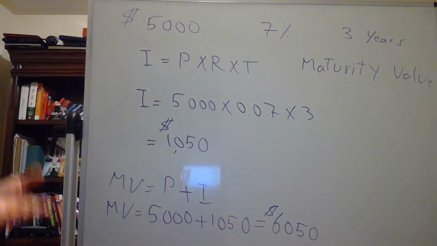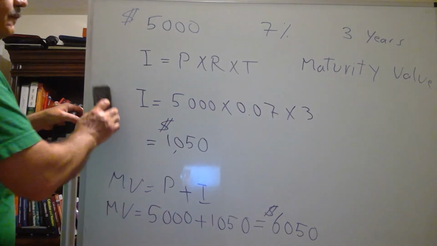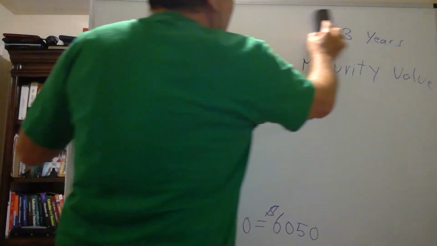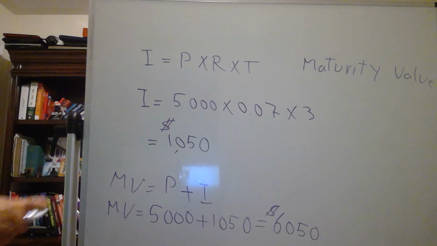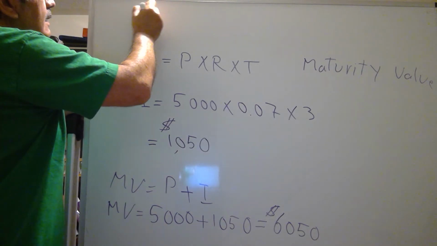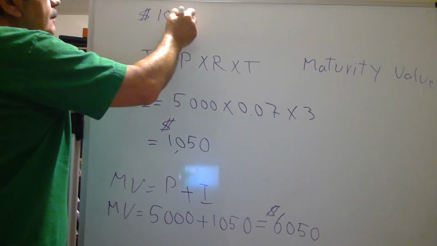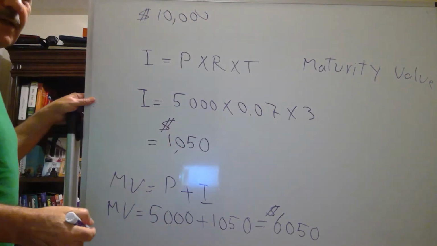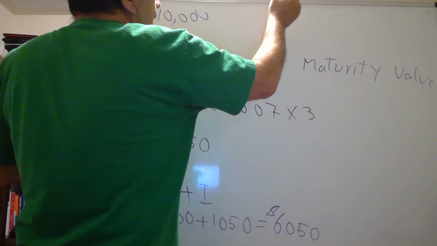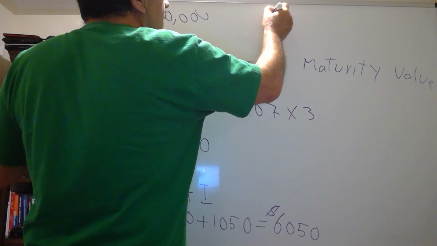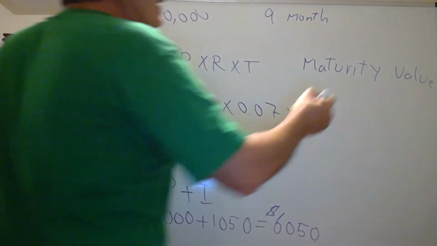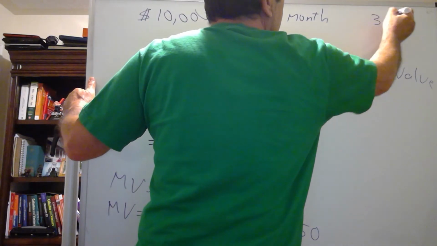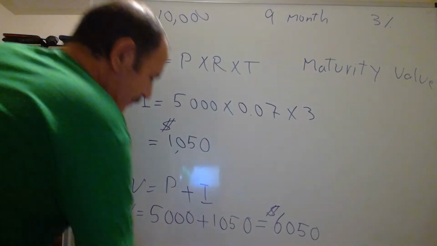Okay, let's do another example. Let's say I borrowed $10,000 for 9 months, and the interest rate is 3%. 3% is very low.